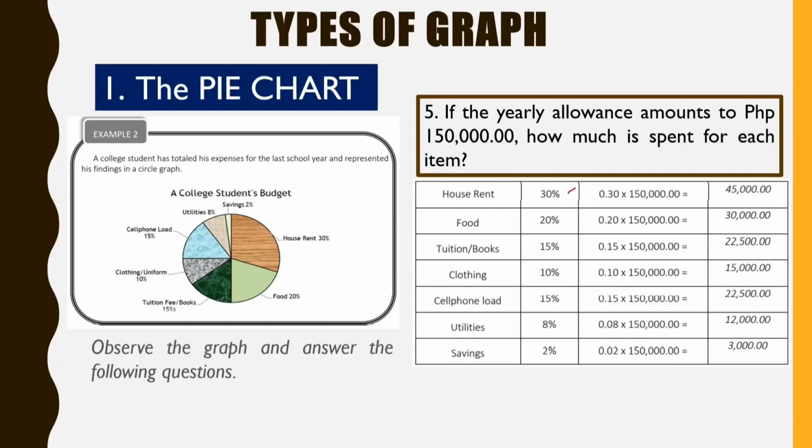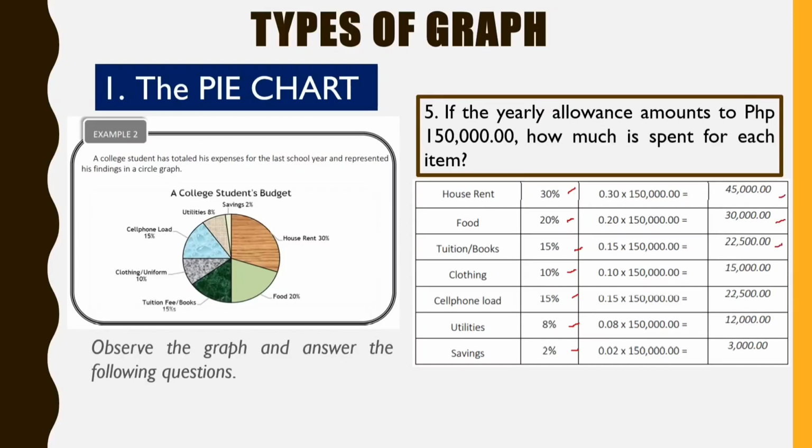House rent is 30%, food 20%, tuition fee or books 15%, clothing 10%, cell phone load 15%, utilities 8%, and savings 2%. They were all multiplied by 150,000, and here are the results.